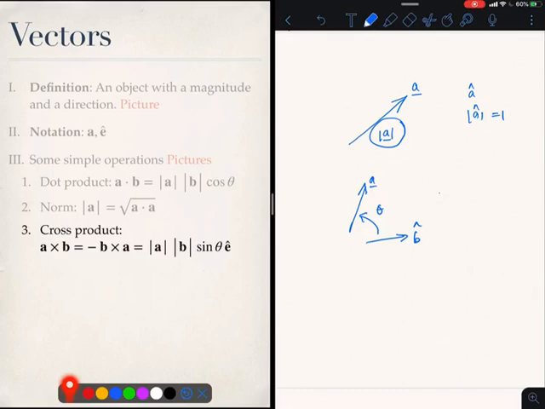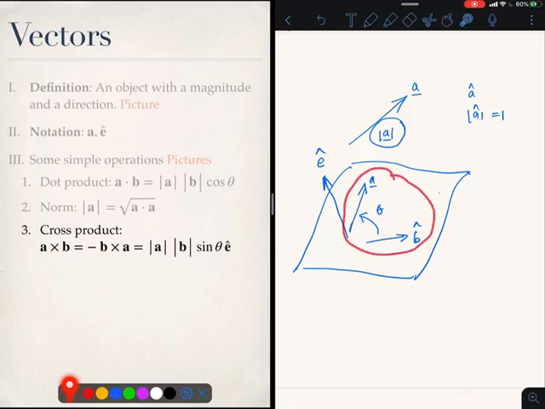The vectors A and B will define a plane, the plane in which A and B lie, and a normal to that plane is this vector E, given by the unit vector E, and A cross B is AB sine theta is the magnitude and E is the direction, it's out of the plane. So a cross product, even though it is limited to vectors within a plane, the output is actually out of the plane. Okay, so as you will see, that may lead to something more interesting later on.